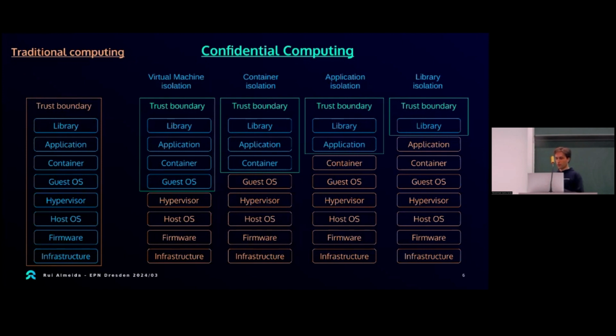In the confidential computing space, we have different isolation techniques. Virtual machine isolation, where the operating system and applications are running in a confidential VM, as is the case of AMD SEV and Intel TDX. We have other techniques like container isolation, something like Scone, for example, I think would be an example.